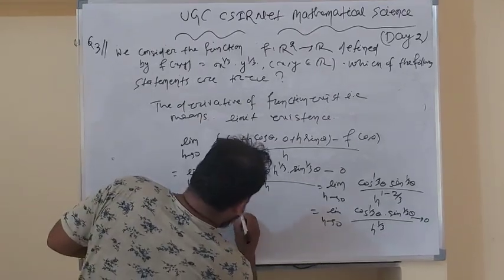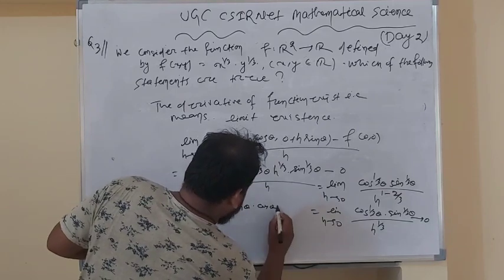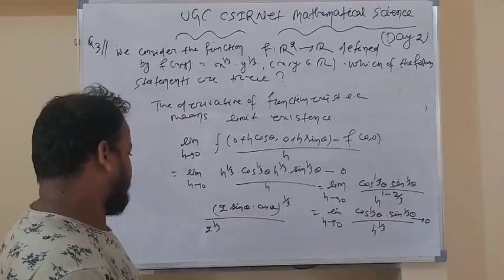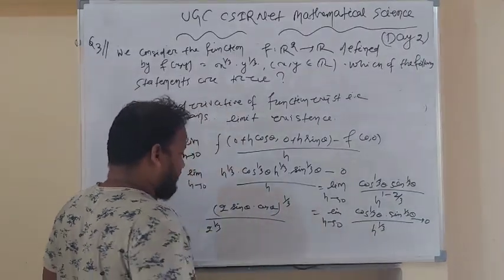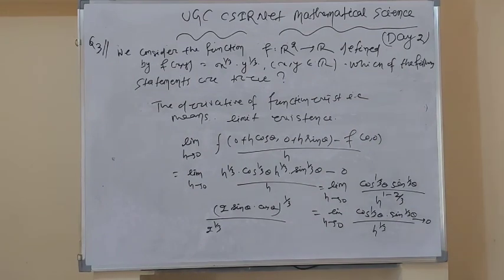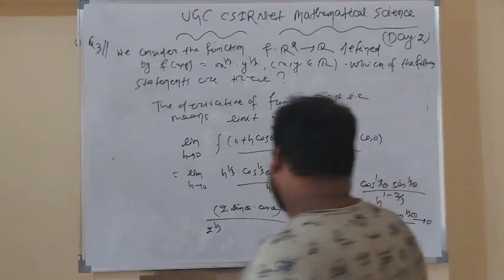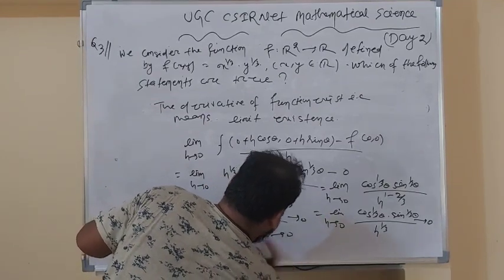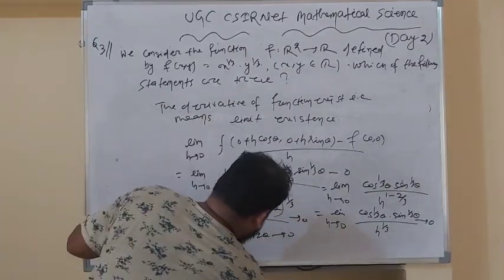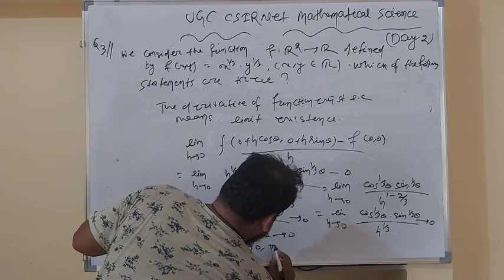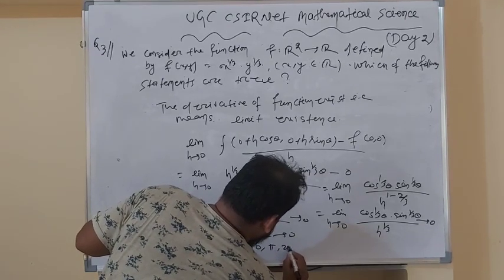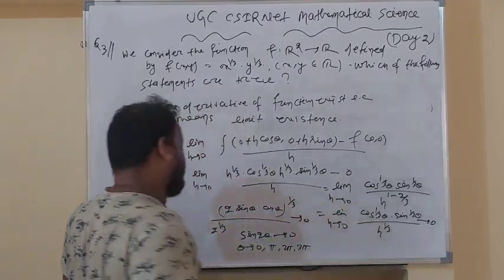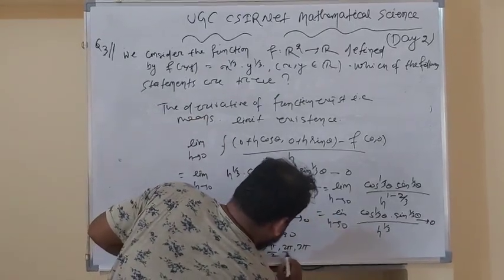So 2 sin theta cos theta over 2, that is sin 2 theta over 2, to the power 1/3, must be 0. Sin 2 theta is 0 when theta is 0, pi, 2 pi, 3 pi, and pi by 2, 3 pi by 2.